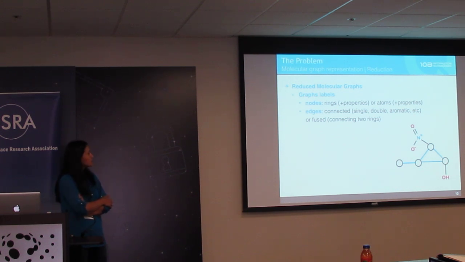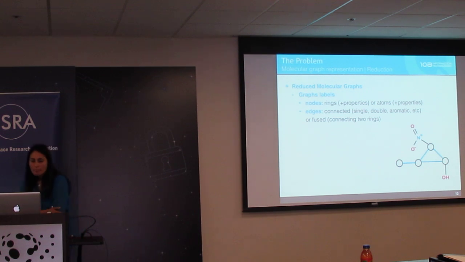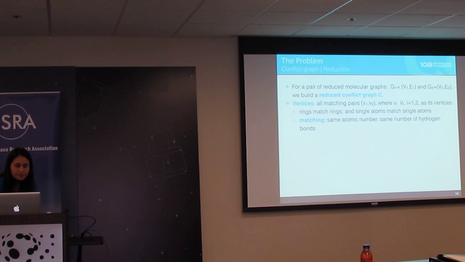So we put this difference in the labels of this graph. So now we need to build a conflict graph for this type of graph that has been reduced.